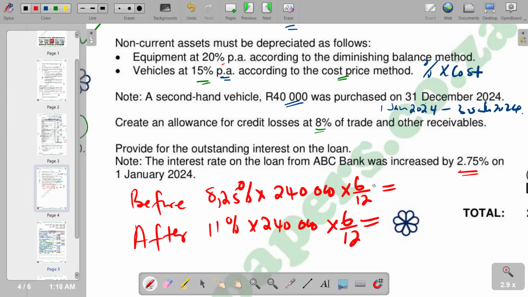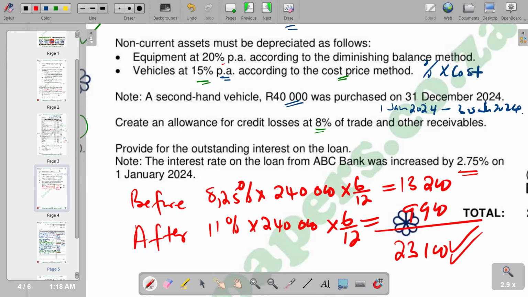So on the first part, 8.25% times 240,000 times 6 over 12, you're going to get 13,200. On the second part, 11% times 240,000 times 6 over 12, you get 9,900. So total interest, we added 13,200 plus 9,900, you get 23,100.